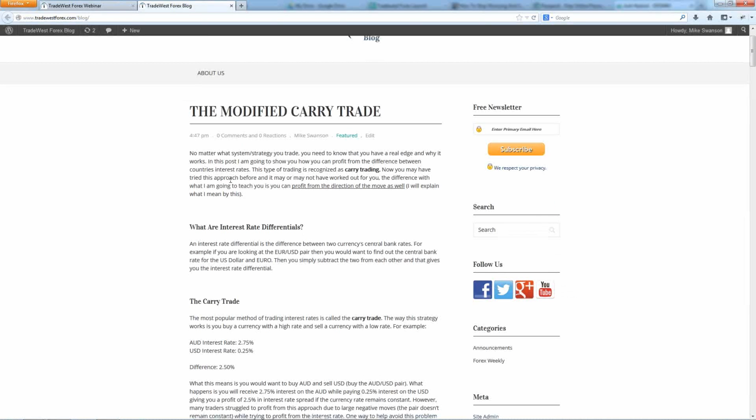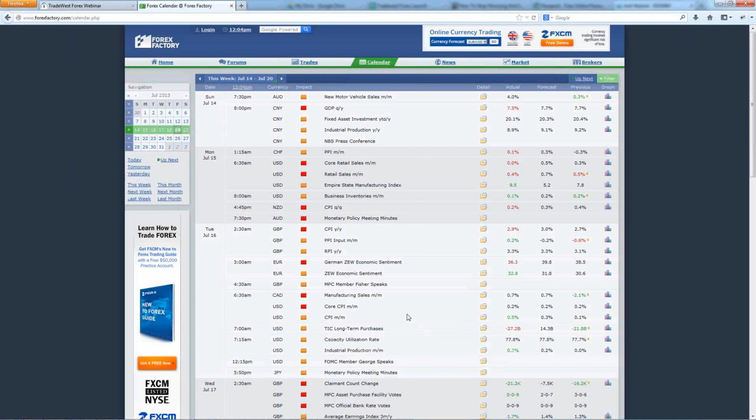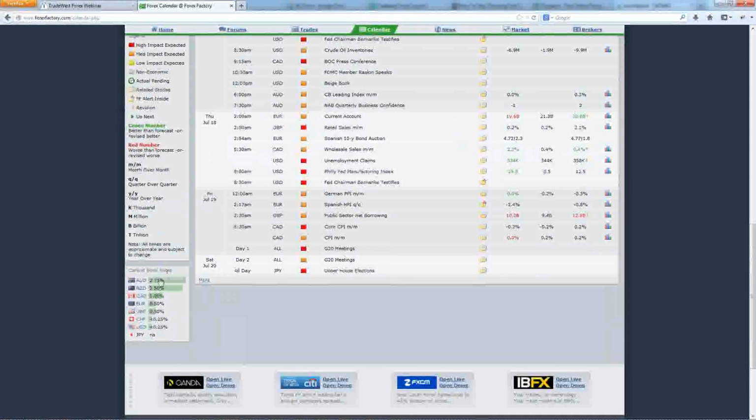I've actually posted a link right here on the blog where it says central bank rates. If you click there, that will take you over to Forex Factory's website. And if you scroll down to the bottom left here, there's the central bank rates. And the nice thing about this resource is when you click them, they'll actually show you historical data.